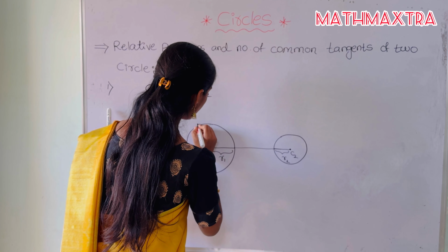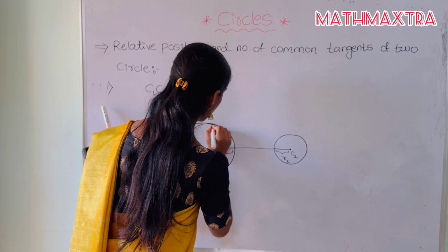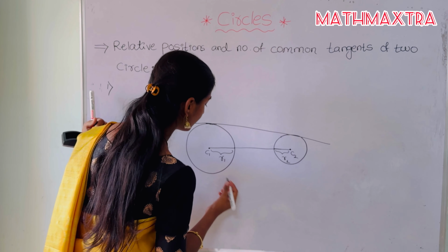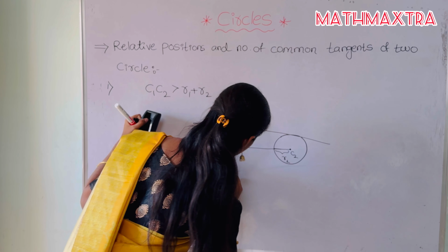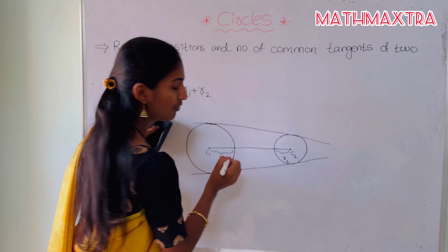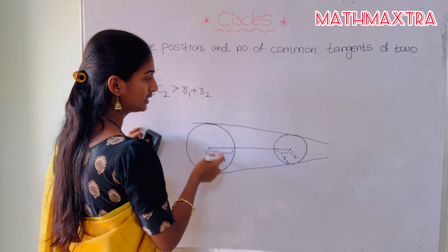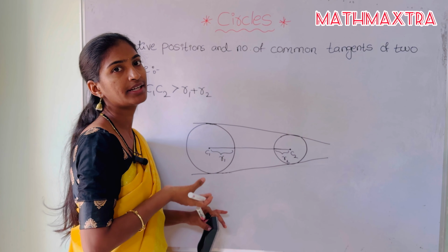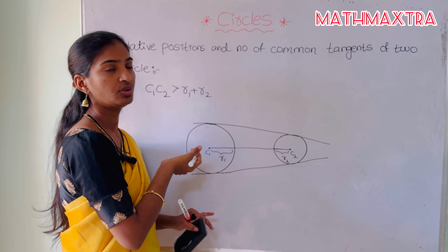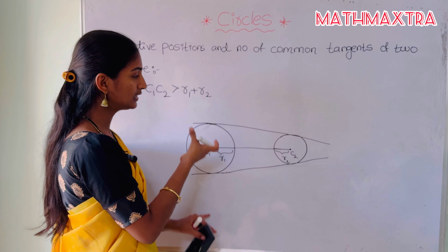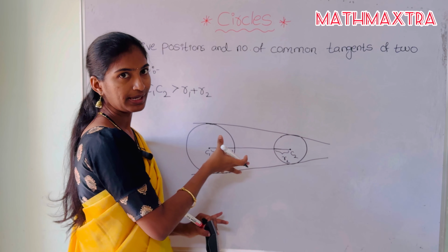See, if I draw direct common tangents, this is one direct common tangent. This is one more direct common tangent. Is there any other possibility to draw direct common tangents other than these two? No, we can draw at most two direct common tangents if the circles are like this.